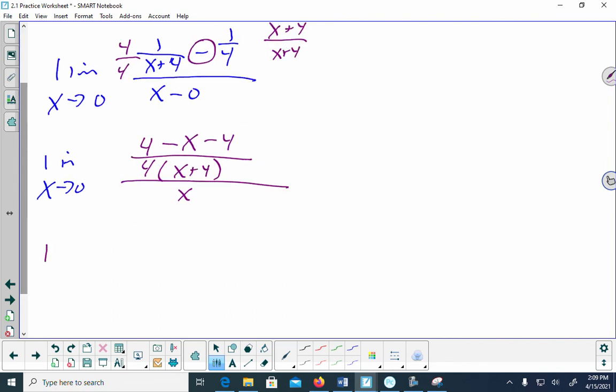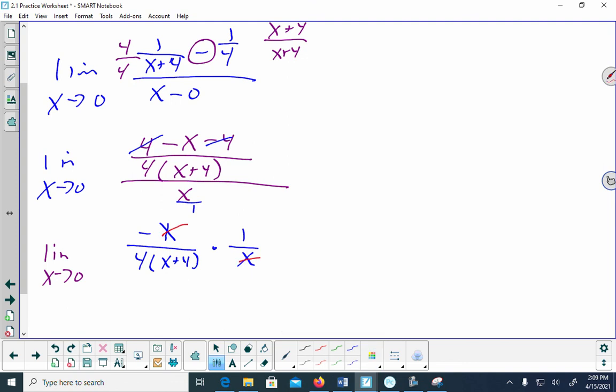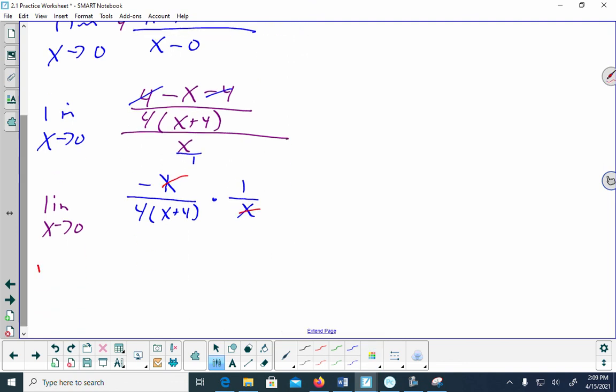So now I'm going to take the limit. Here, these will simplify, the 4 and the -4. So I'm going to have negative x over 4 times x plus 4 times the reciprocal of this, which would be 1 over x. Now the 1 over x's will simplify, which means I can do direct substitution at this point.